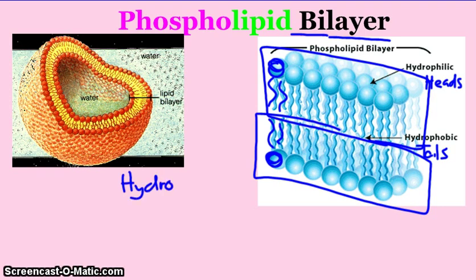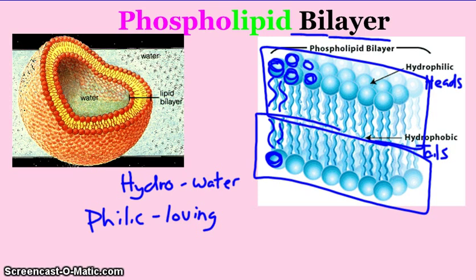And you'll notice those words hydrophilic and hydrophobic. Hydro means water. Philic means loving. So the heads on the phospholipid bilayer on both sides are water-loving. So they point towards the water, which means there is water here and here. The tails, on the other hand, are hydrophobic.